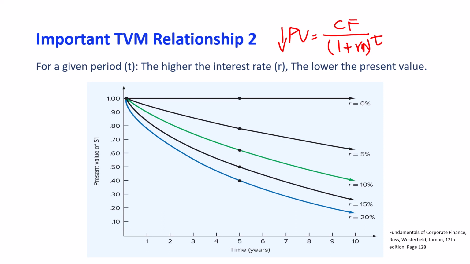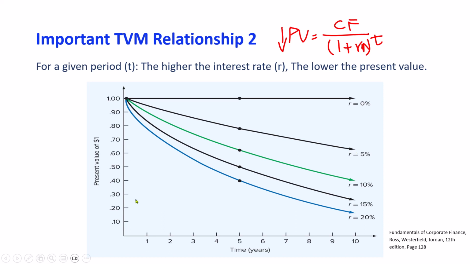For example, if the discount rate is 0, your dollar would be the same no matter when you get it. But if your discount rate is 5%, a dollar received 10 years from today would be worth only about 70 cents today.